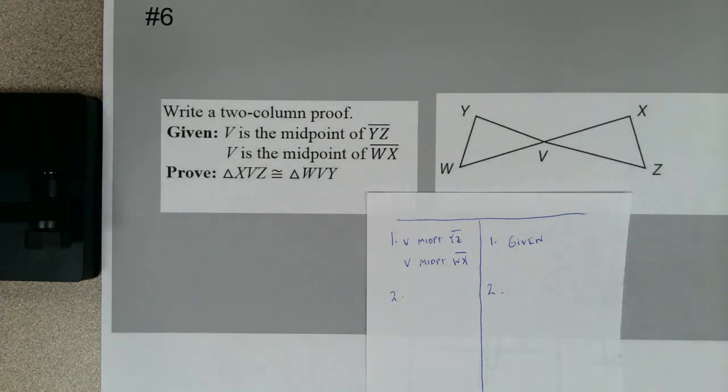Okay, let's go ahead and go through this and see what you've come up with. So let's start with the first given. V is the midpoint of YZ. Can somebody tell us what we can conclude from that?